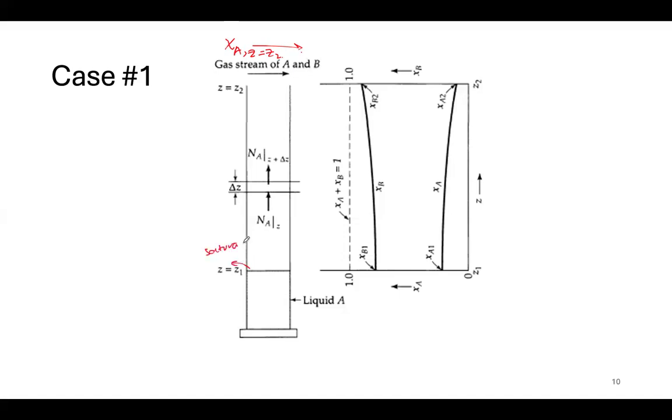So we can assume that X_A at z equal to z1 is equal to 1. So it is fully saturated with vapor A, which is in equilibrium with the liquid. And over here, X_A is defined because you have A and also B. Because there is a concentration difference, there would be a mass transfer from the liquid at the bottom up to the gas stream.